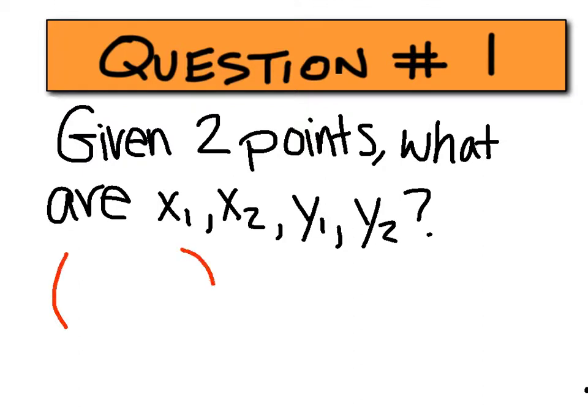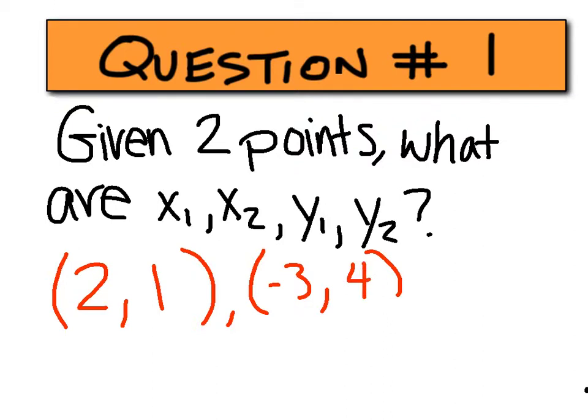So if we have 2 points, (2, 1) and (-3, 4), these are our 2 points. They're just 2 ordered pairs. Our x1 is the first number of the first point. Our y1 will be the second number.